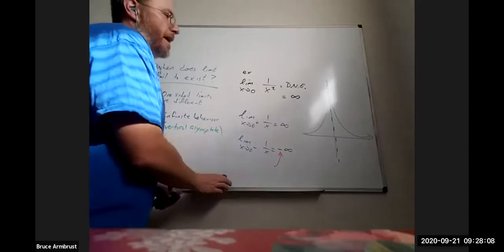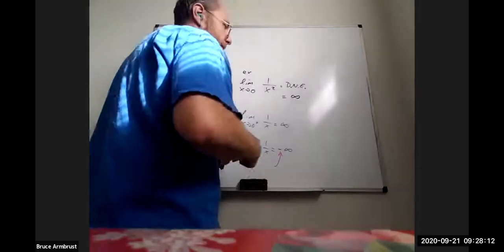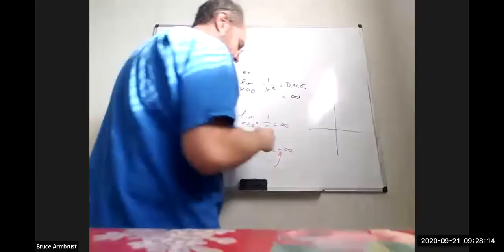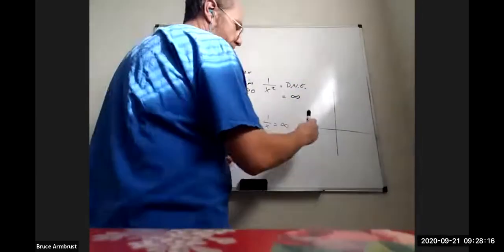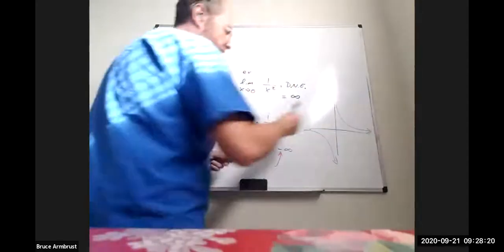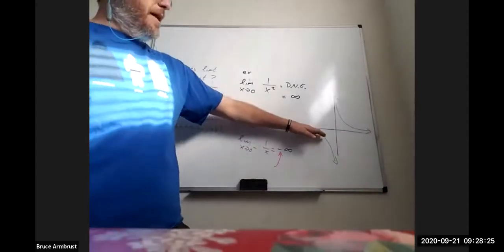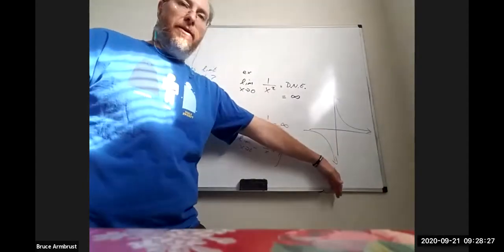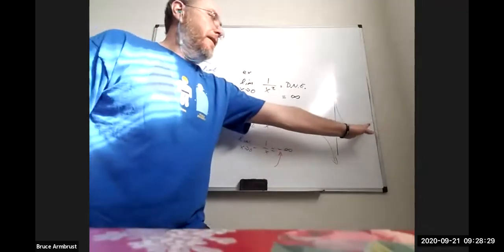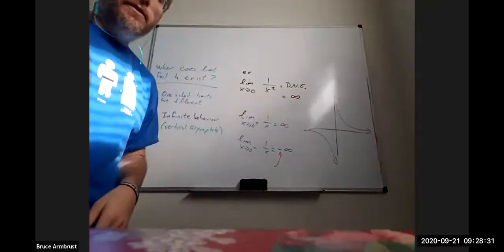Recall the graph of 1 over x, and you can see exactly this. That's our friend the butterfly. There's still a vertical asymptote at 0, but as we approach from the left, our spider goes down forever. As we approach from the right, it goes up forever.